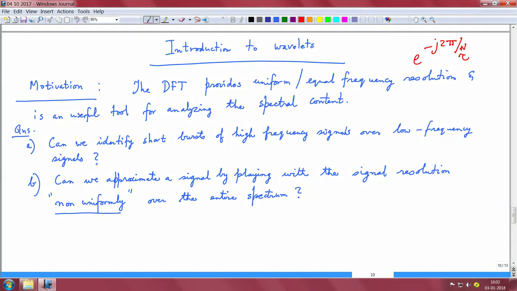So before we wrap up with this slide, I think it will be good to picture how non-uniform resolution versus uniform resolution is in the disk partition diagram. So let us draw these circles. Probably I will use the red one. So this is, assuming this is 0 to 2 pi.